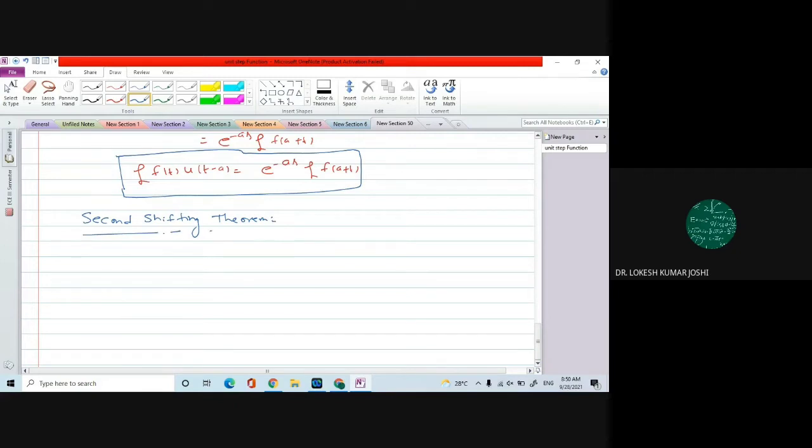It is also known as t shifting, replacing t by t minus a in f(t). Note down the statement.